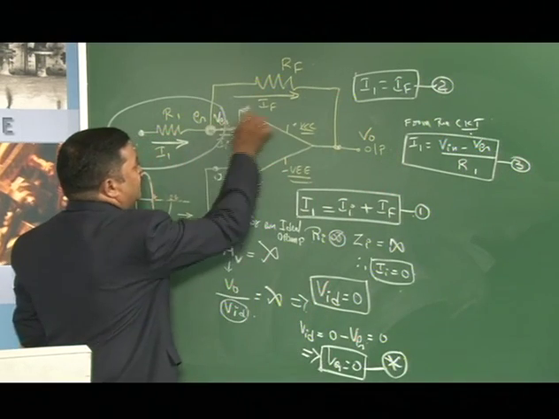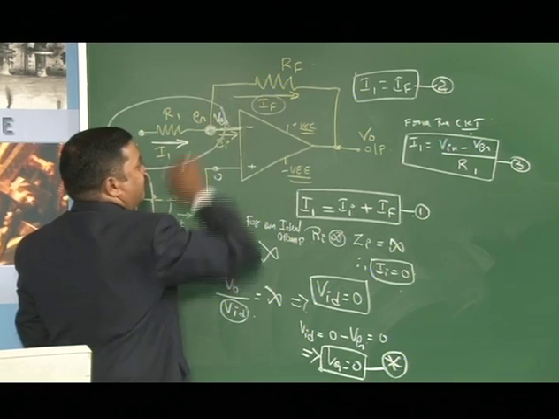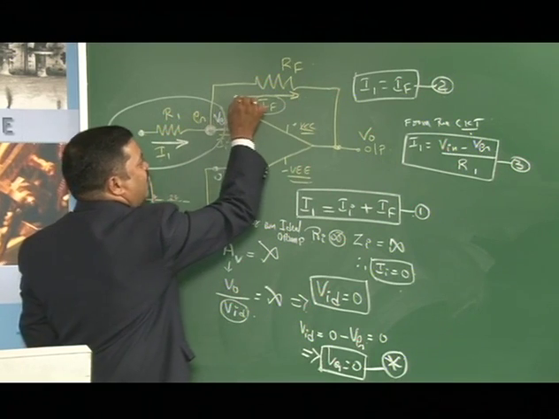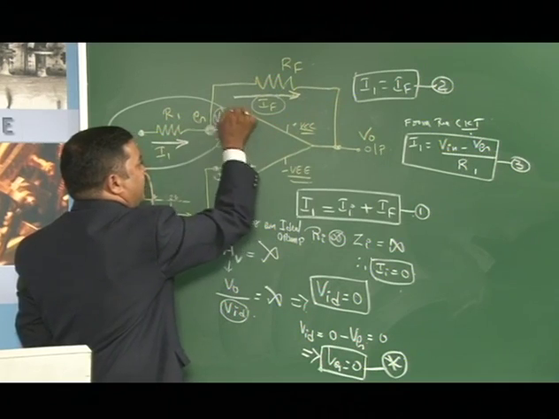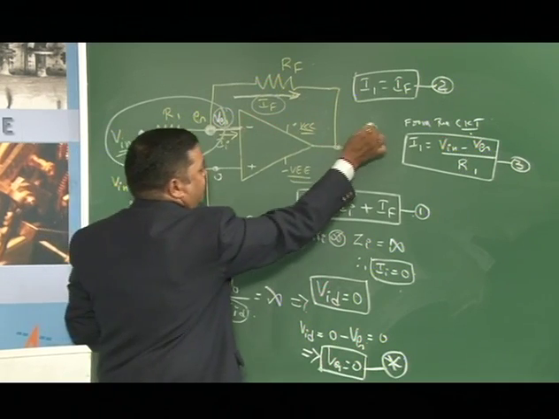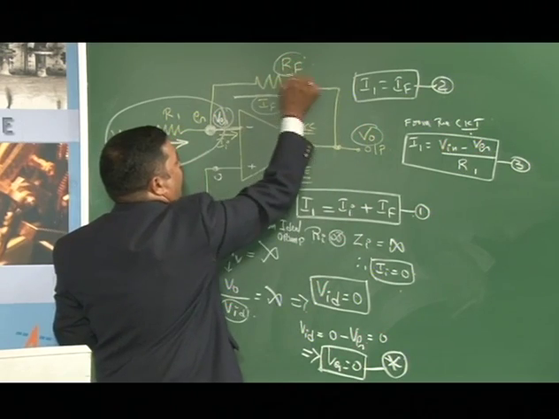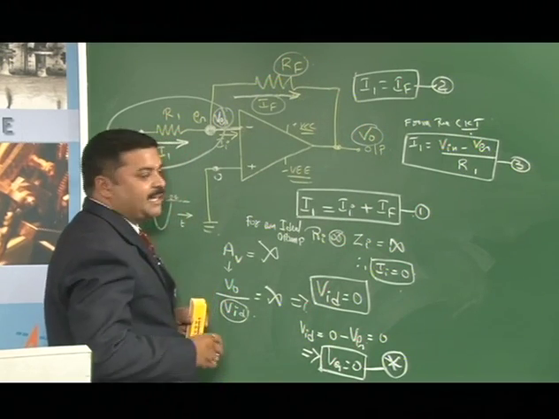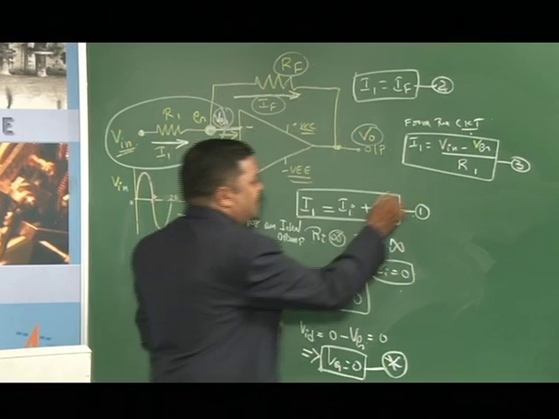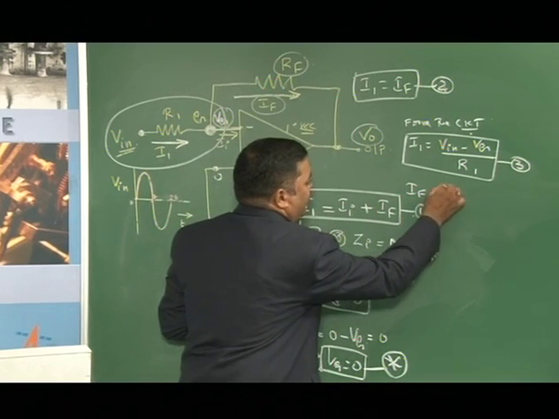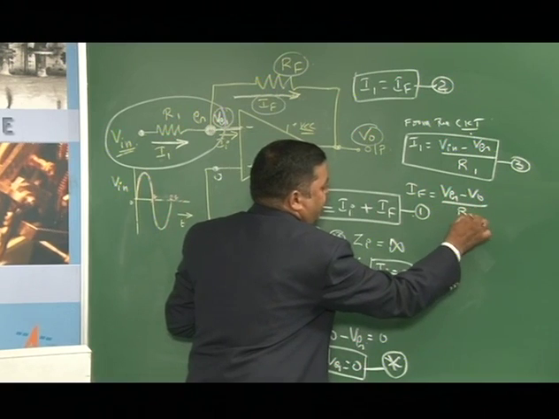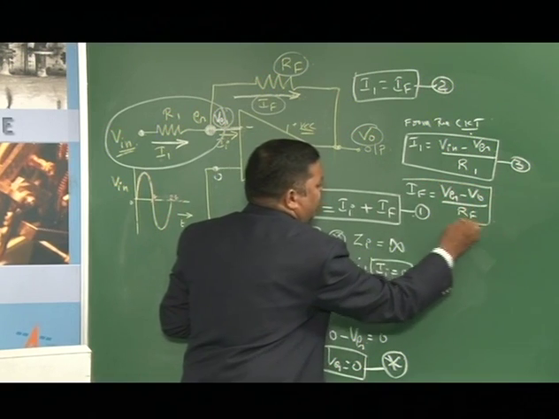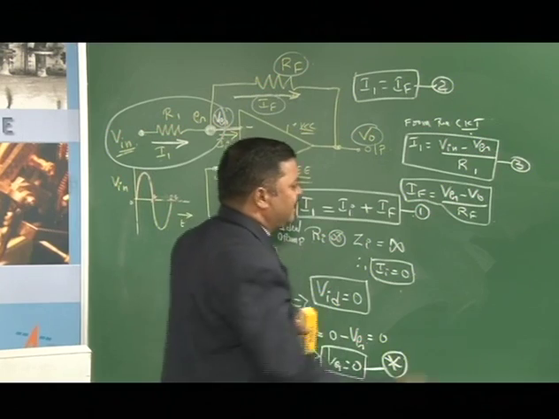Similarly, what is the current IF? To get the current IF, I have to see the arrow mark first. If the arrow mark is like this, first we write Vg minus V0 divided by Rf. By Ohm's law, IF is equal to Vg minus V0 divided by Rf. This is only an application of Ohm's law, nodal voltage analysis.